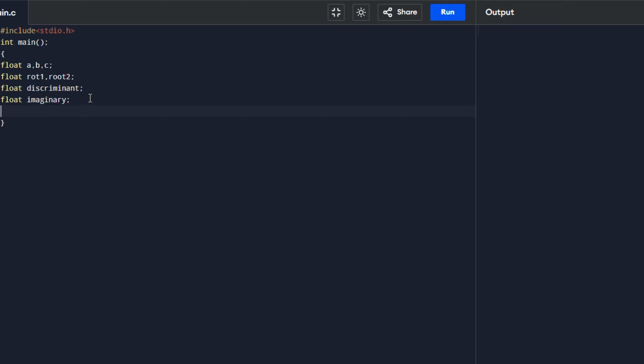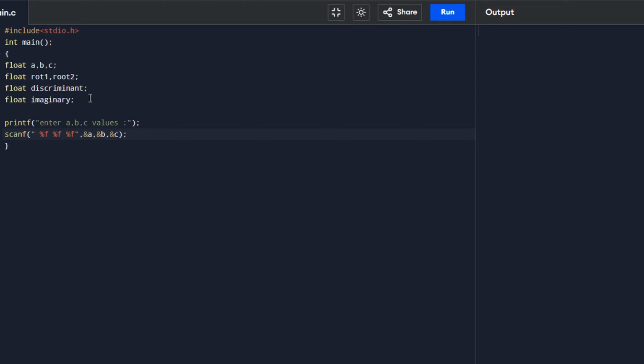We ask printf: enter a, b, c values. Then scanf with %f %f %f, comma &a, comma &b, comma &c.